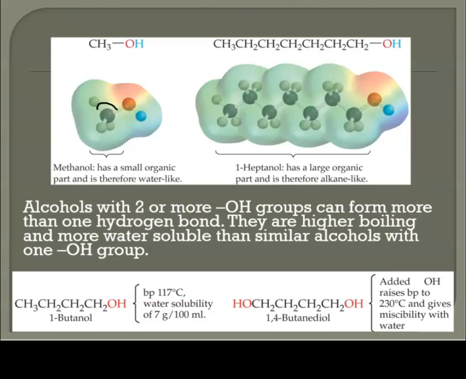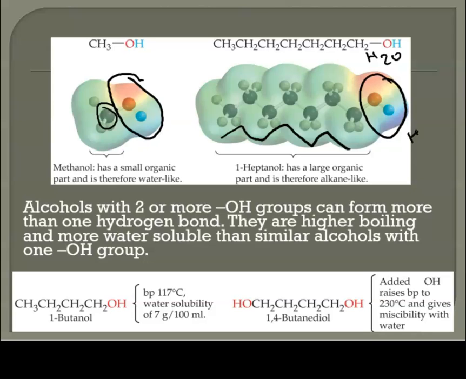You can see it just has one carbon, but it has this polar alcohol group on one side, and so it's very soluble in water. Whereas heptanol, it's got this much longer carbon chain here, and then it has this polar group on the end. So it's not going to be water soluble, because you could imagine water is really only going to be able to interact with it on this side of the compound, but not on the rest of the compound. So it generally will not be water soluble.